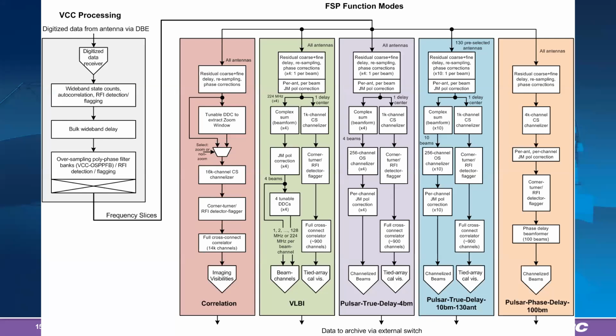And this shows the signal processing steps where the VCC part is receiving digitized data, doing a wideband delay, and then generating the frequency slices, which are then distributed to a frequency slice processor running in one of 5 modes: correlation, VLBI, 2 flavors of pulsar beamforming using a true delay, one that generates 4 beams and one that generates 10 beams on a subset of 130 antennas instead of the entire array, and finally a pulsar beamformer using phase delay beamforming that can generate 100 beams.